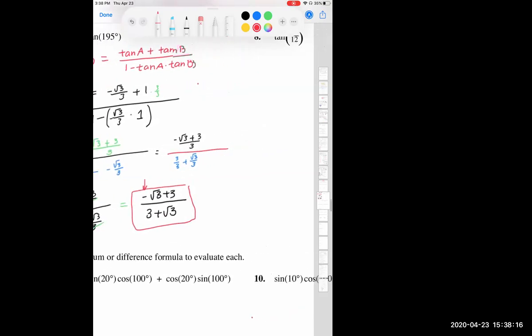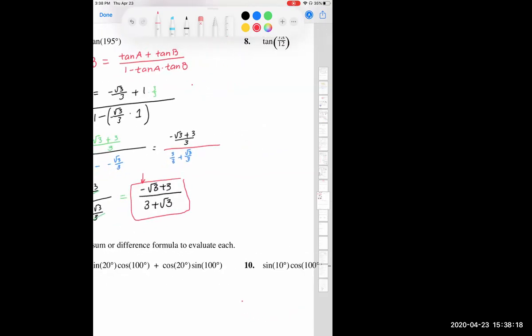So for our numerator, we need to simplify our numerator. Let's simplify as much as we can. We have negative square root of 3 over 3 plus 1. Okay, well, I need to add them, but before I do that, I need a common denominator. So let's multiply by 3 over 3.